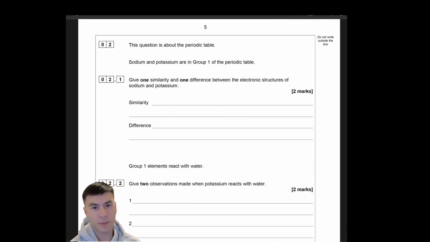Okay, question two. This question is about periodic table. Sodium and potassium are in group one of the periodic table. Give one similarity and one difference between electronic structures of sodium and potassium. 兩個都 group one，即係代表兩個都有 one electron on the outer shell.